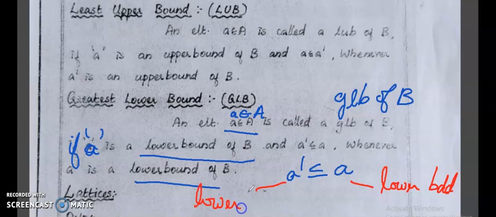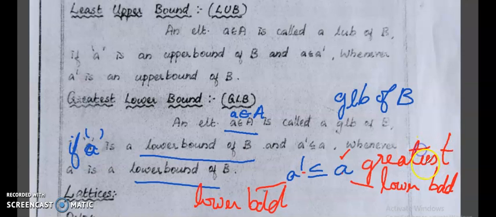a dash is also a lower bound, but a dash is less than or equal to a, so which is greater here? a is greater, so a can be taken as the greatest lower bound. a dash is called, sorry, a is called the greatest lower bound.